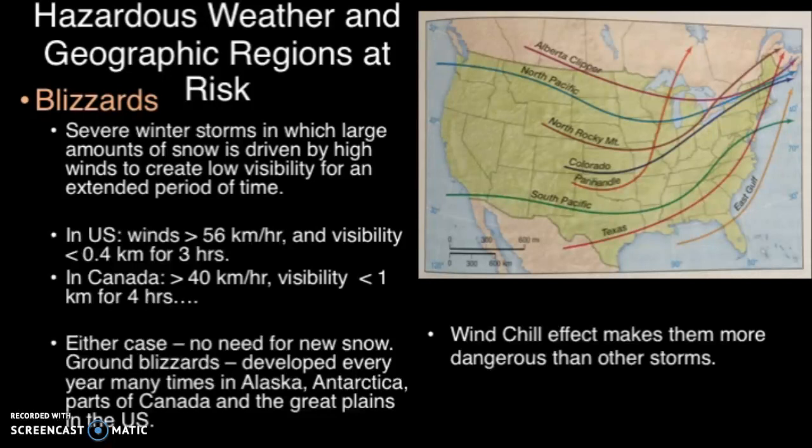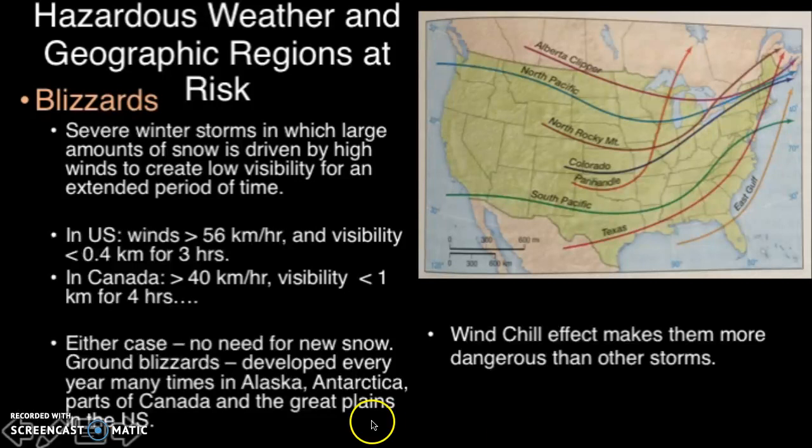The visibility has to be less than 1 kilometer, and then it has to last for 4 hours or more. So it looks to me like the US has kind of stricter policies in that sense. So a blizzard is less likely to occur in terms of the definition from the US than from Canada.